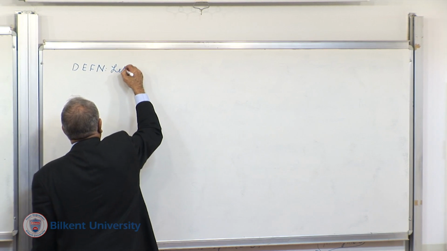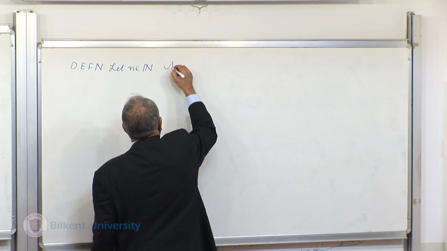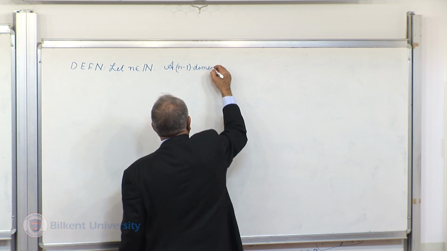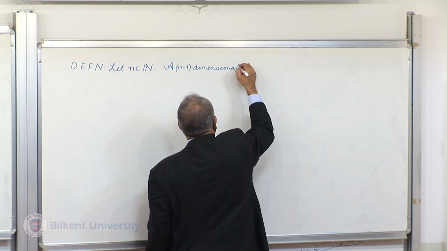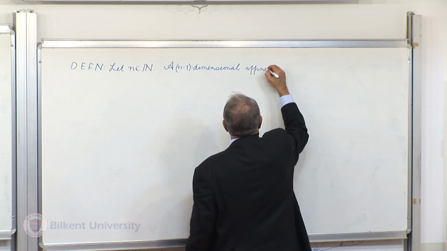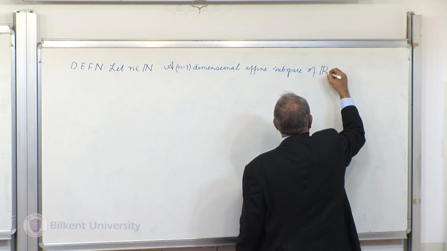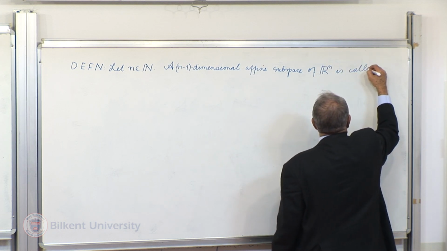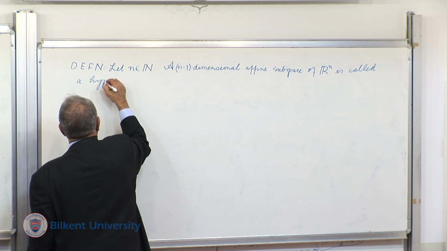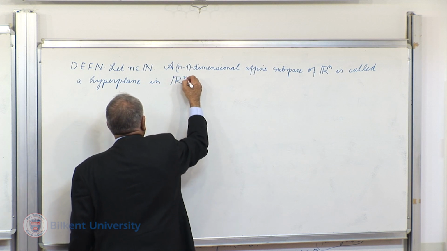Now let n be a positive integer, a natural number, and an n minus 1 dimensional affine subspace of Rn is called a hyperplane in Rn.